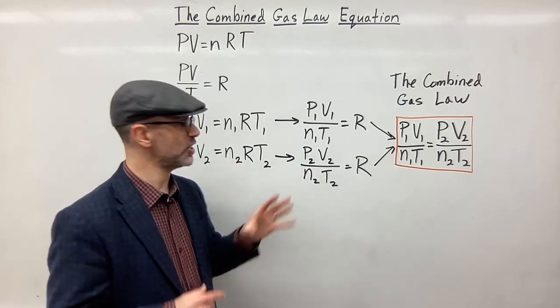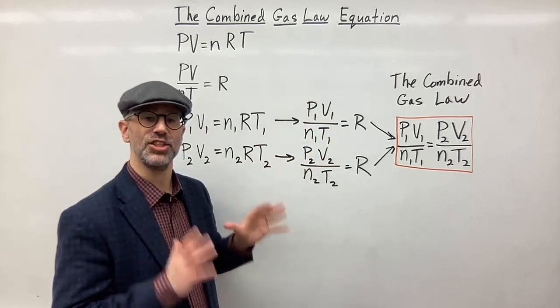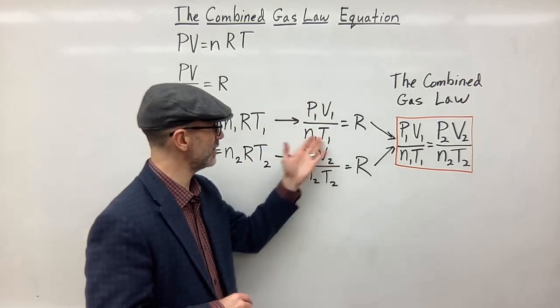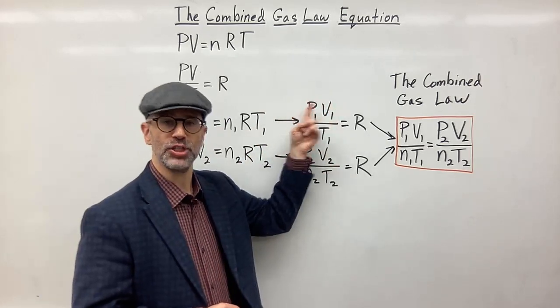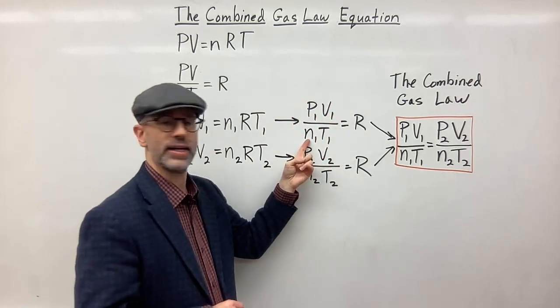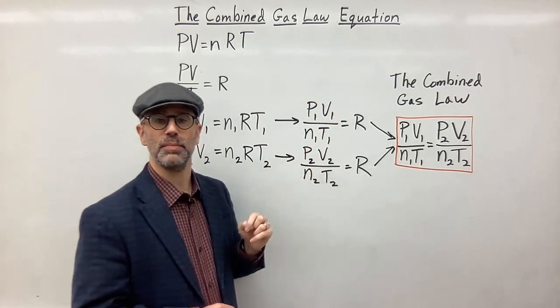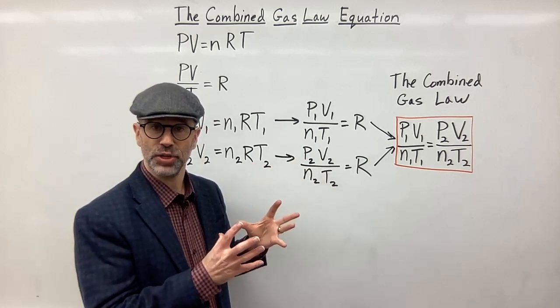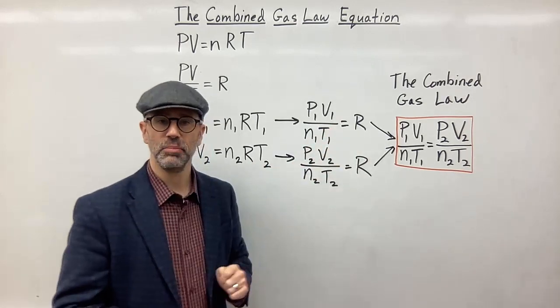How I change them is going to affect the others in such a way that when I multiply pressure times volume divided by the amount of gas divided by the temperature, all in the right units, I get the R constant back.